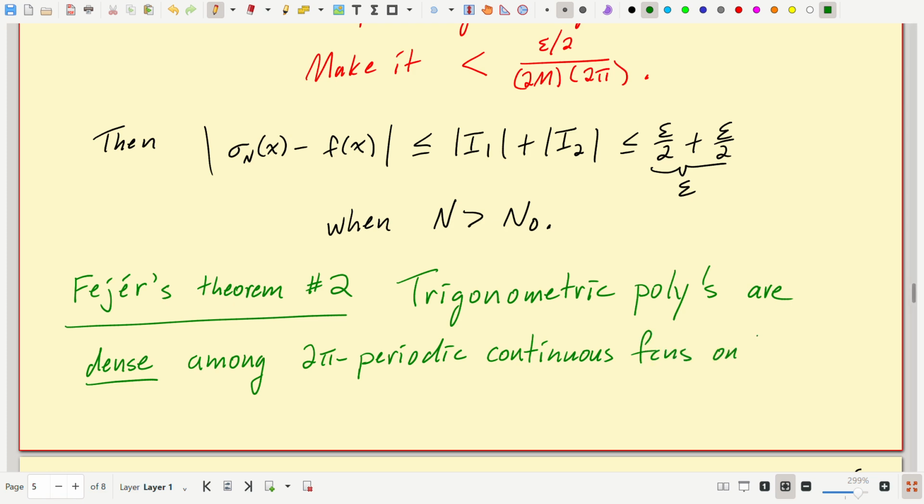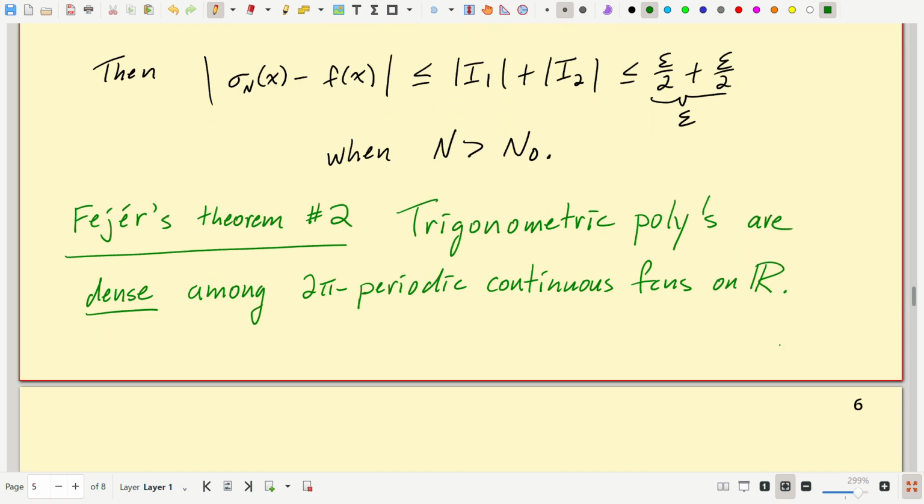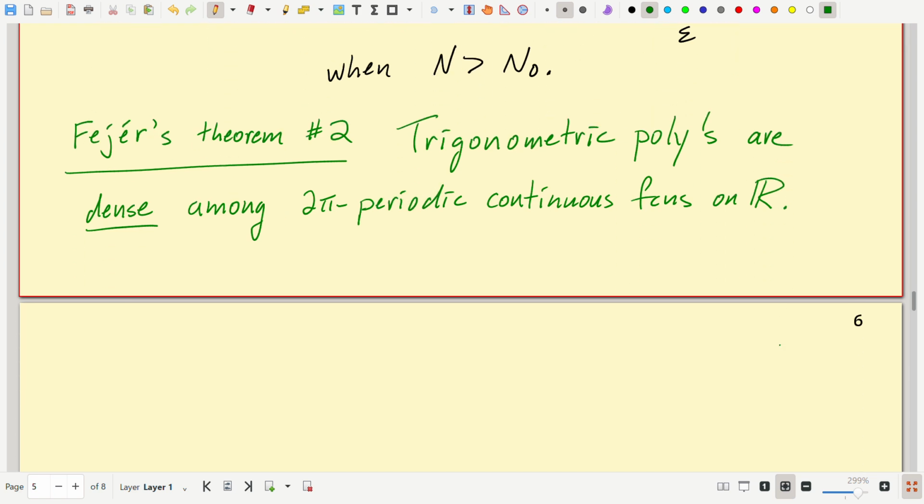That's a biggie. And this will have a huge consequence, namely that Bessel's inequality for Fourier series, at least, is actually an equality.